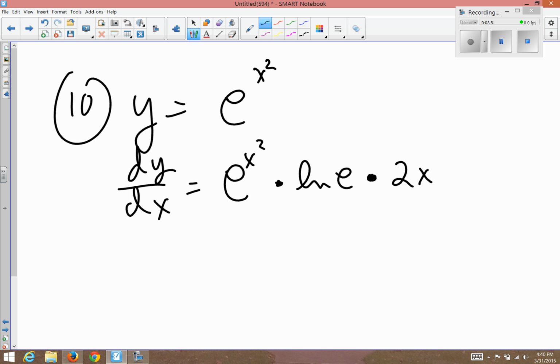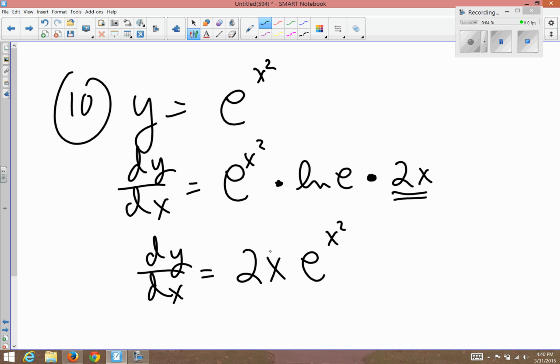The derivative of x squared is 2x. The final answer would be written like this, 2x e to the x squared. Just putting this at the beginning of the answer. Natural log of e does not need to be written because the natural log of e is the number 1.